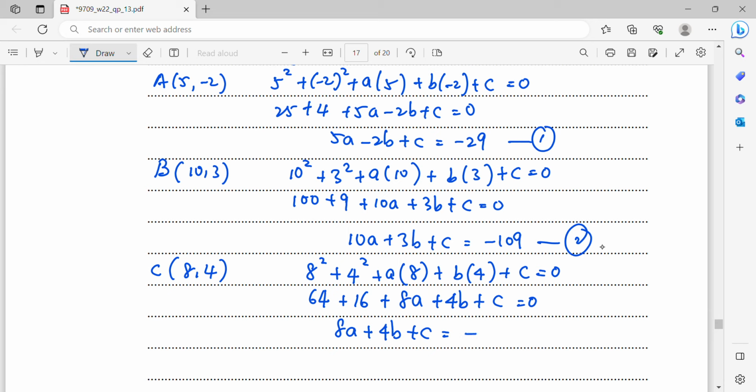When you move it to the other side, it becomes negative 80. So 8a plus 4b plus c equals negative 80. These are the three equations. By looking at all of these, you will notice that the c is positive in all three equations, which means I can eliminate c first. So I will take the second equation minus the first equation.